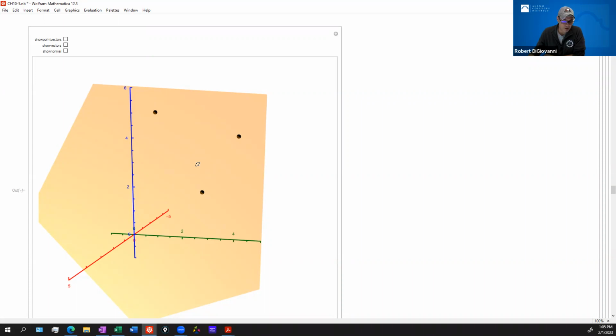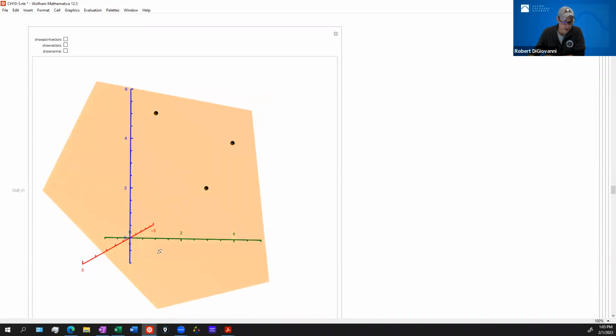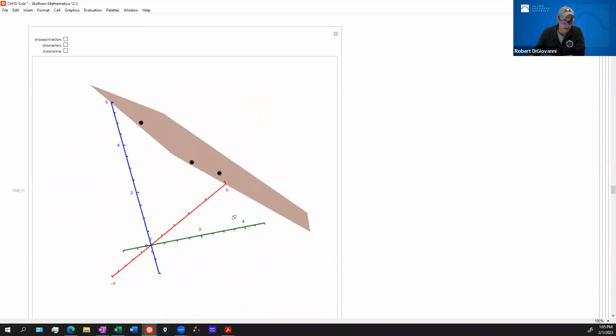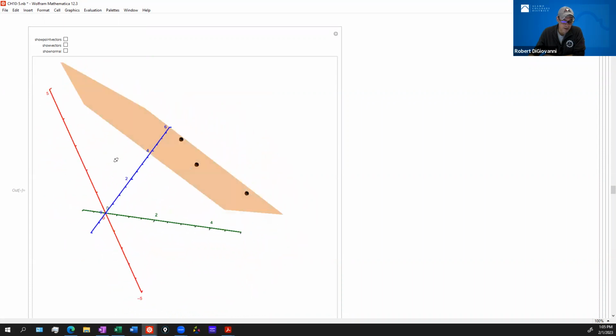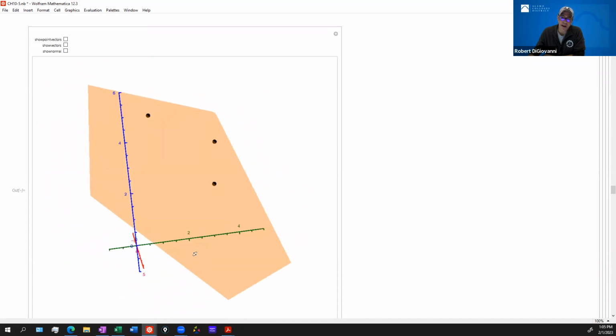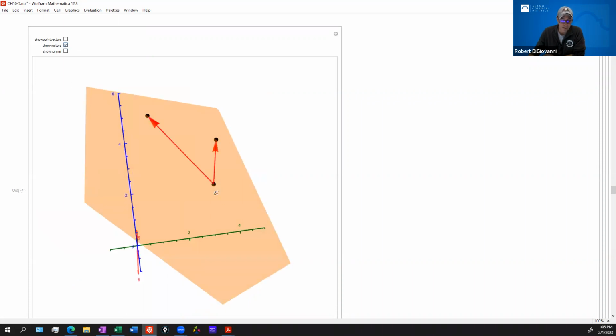So let me show you here this animation. We've got this plane, right, living in 3-dimensional space, and we have 3 points on that plane. So what I'm going to do first is create 2 vectors that go from 1 point to the 2 other points. We've been doing that for a while, right?